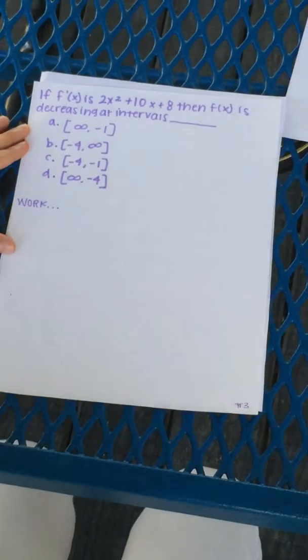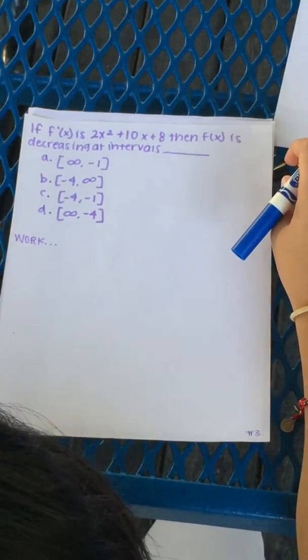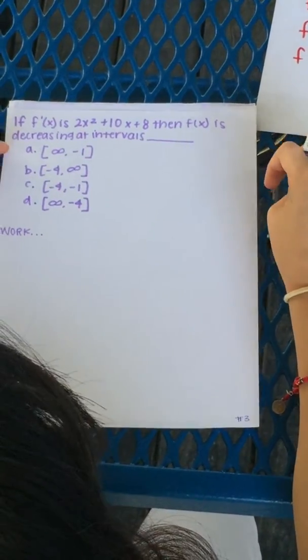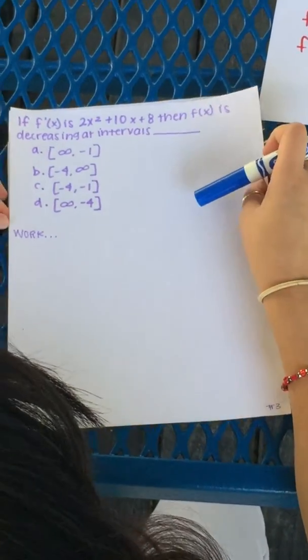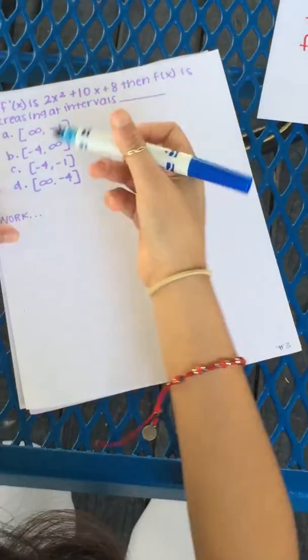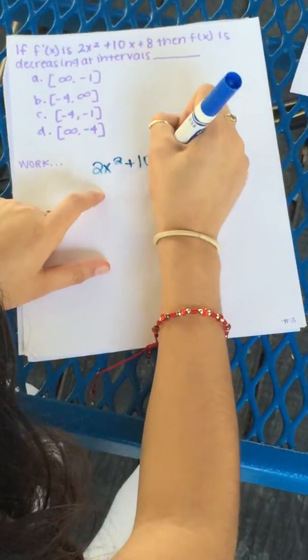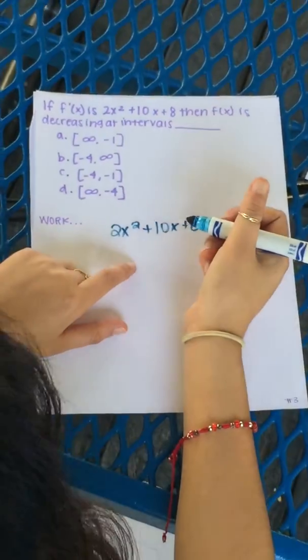The last problem is asking if f prime of x is 2x squared plus 10x plus 8, then f of x is decreasing at intervals blank. So we have to first rewrite our problem. And we have to simplify.